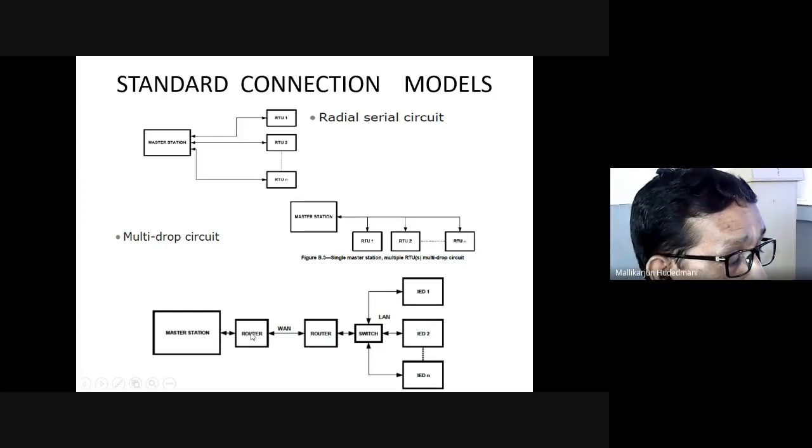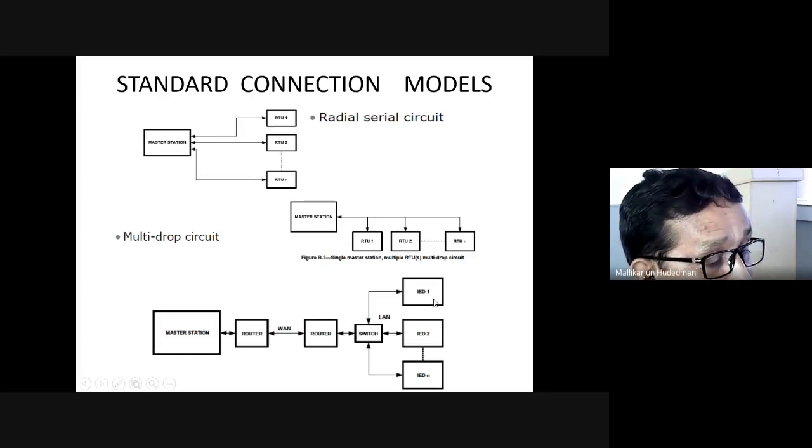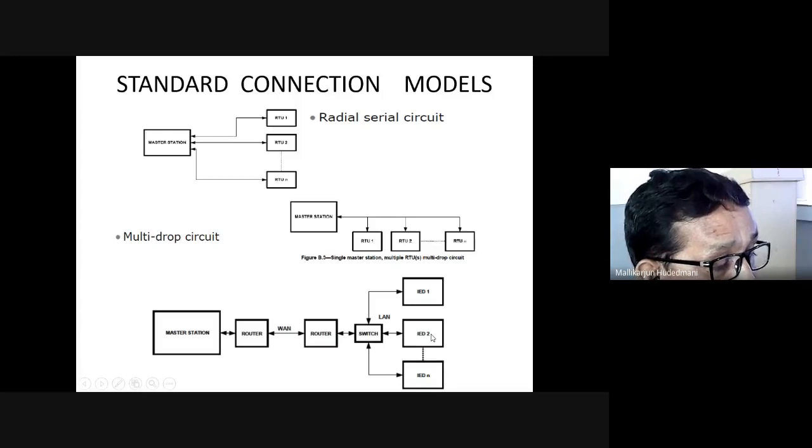This router via the wide area network gets connected to the end device through a router, and it will switch into a number of tappings like intelligent electronic device 1, intelligent electronic device 2. So many devices are interconnected to this switch, and this switch in turn routes to the master station.